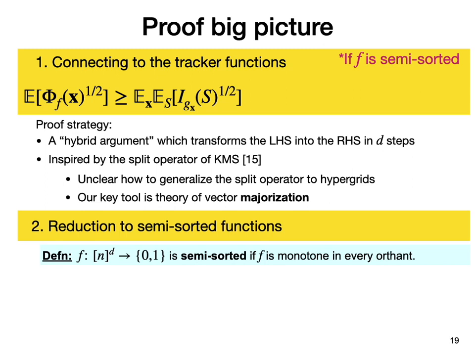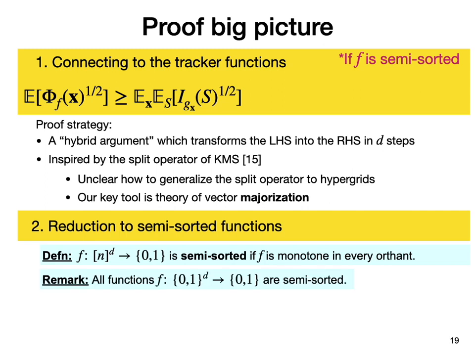This might seem very nice, but I'll remark that all functions on the hypercube are vacuously semi-sorted, because an orthant simply consists of a single point in the hypercube. So already the class of semi-sorted functions is highly non-trivial. If we were to prove Khot, Minzer, and Safra's inequality for semi-sorted functions, this would already be a generalization. But as I said, we're able to reduce to this case, so we give a reduction from the general case to the semi-sorted case.